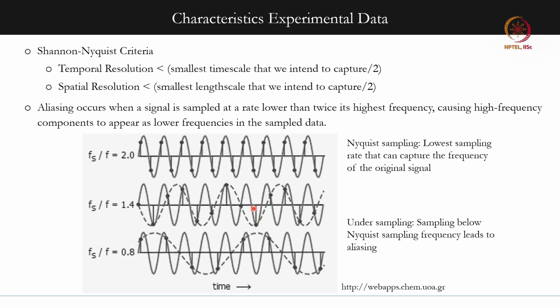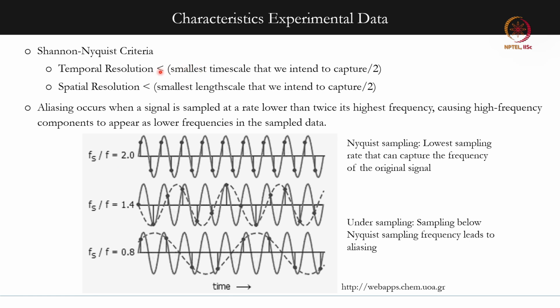So this actually shows the limit at which I can sample my data so that I can capture the physical phenomena. Say the physical phenomenon has a frequency of f; my sampling frequency should be at least 2 times that. Now this can be said in terms of temporal resolution as well.